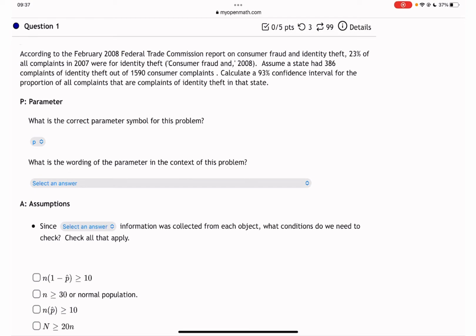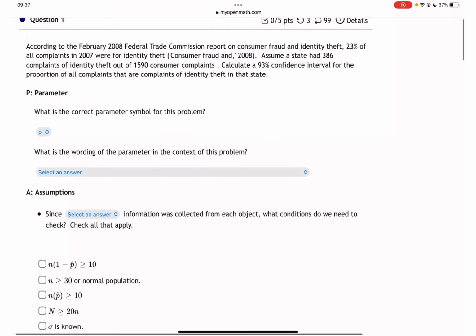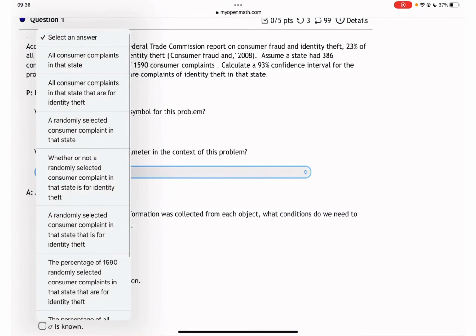What is the wording of the parameter in the context of this problem? Obviously it will start with the word percentage, because proportion is nothing else but percentage. The percentage of all consumer complaints.